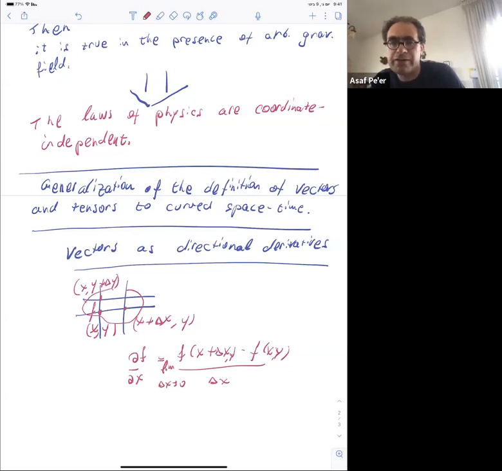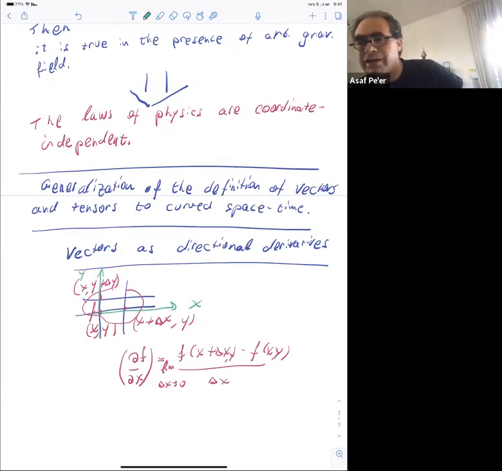A directional derivative is a generalization of that because I'm taking the change of f along a certain direction, which is not necessarily specified by the coordinates. In order to define the partial derivative of f with respect to x, I had to first define what is x. I had to put a set of coordinates first, saying, okay, this is x, this is y.